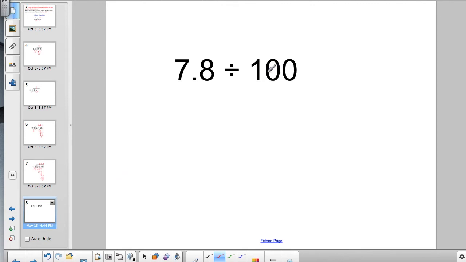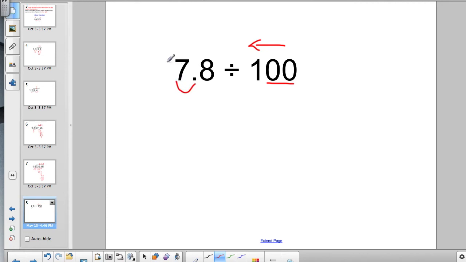Remember, when you're dividing by ones and zeros, multiples of 10, you want to make the number smaller. So to make a number smaller, I'm going to be moving the decimal point to the left. I count how many zeros there are. I have 2 zeros, so let's move this decimal point over 2 to the left.